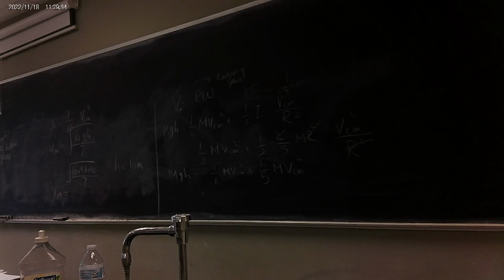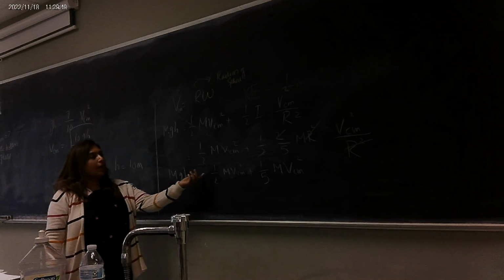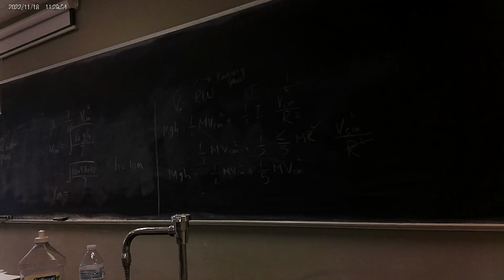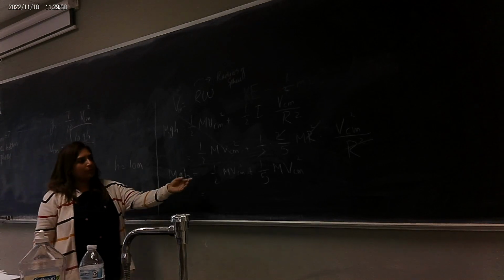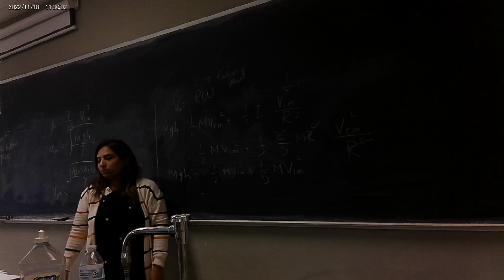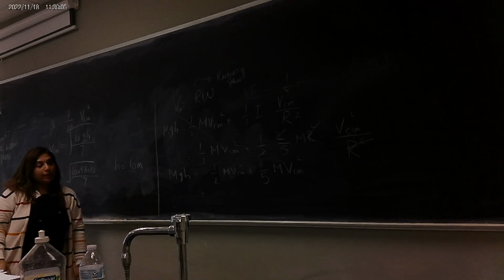Instead of doing that, could you just replace VCM squared with R times omega squared and solve it like that? If you are looking for omega, yes. It really depends. If instead of VCM you need to find omega for the rotation, which would be the same throughout, you can use the same equation, but this would be replaced by R squared omega squared.